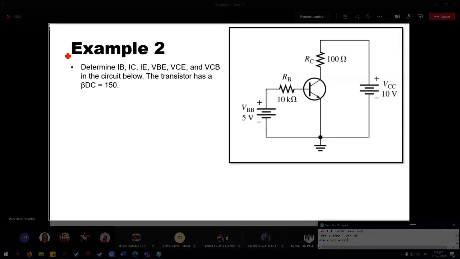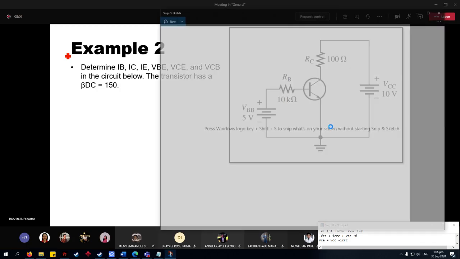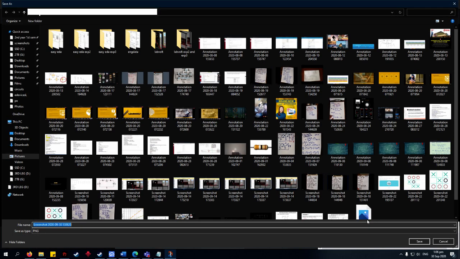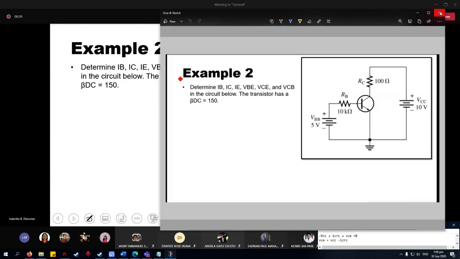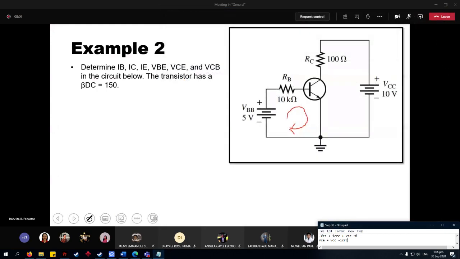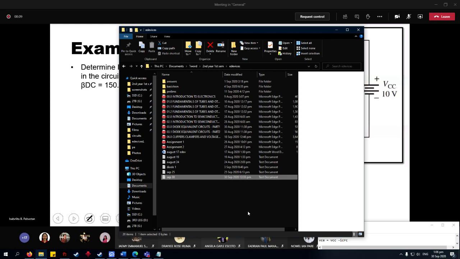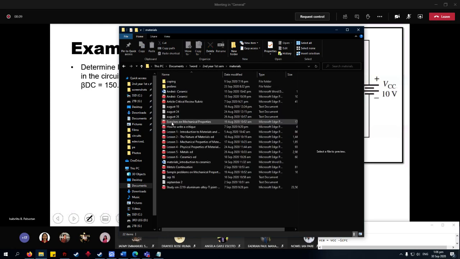So, again, we are going to draw the loop here. This will be our loop. Remember, your IE is this.